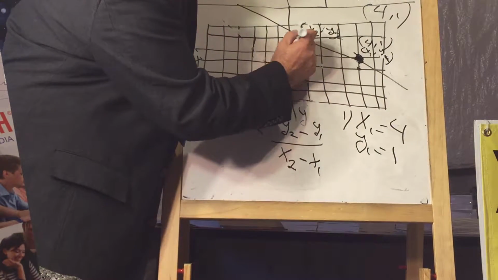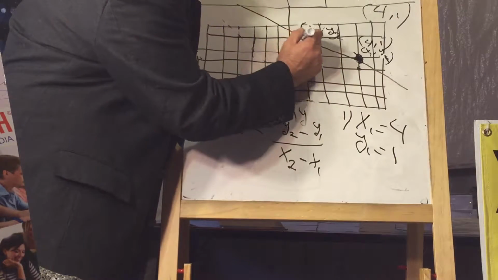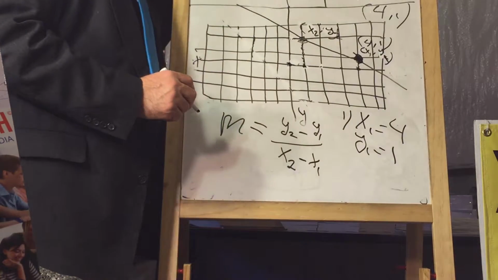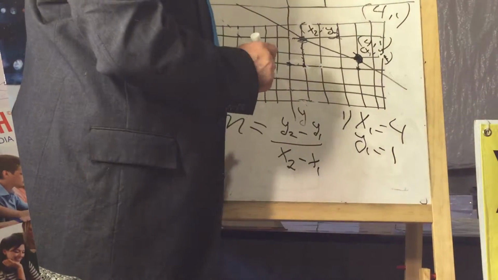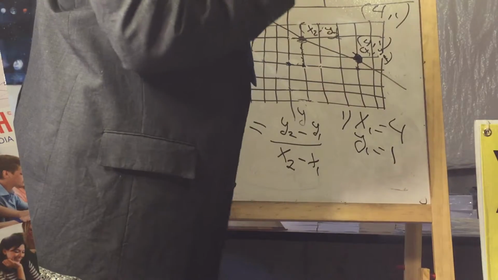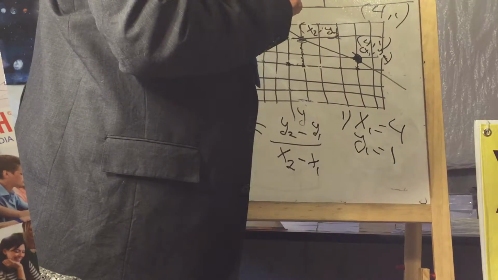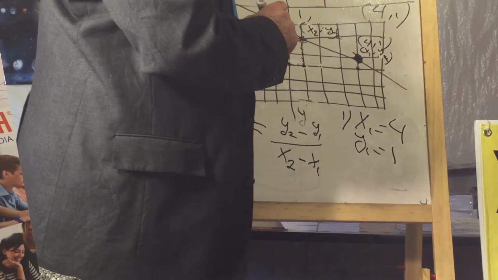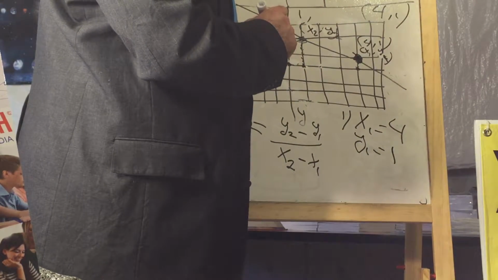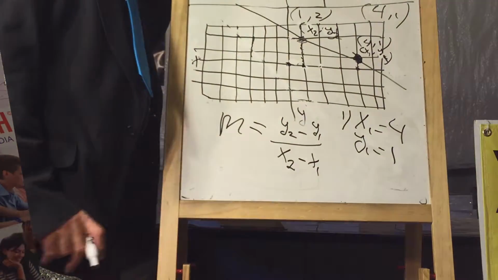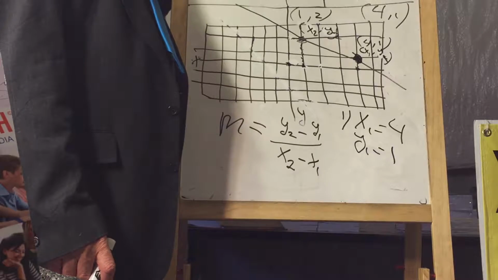So they meet over here, and this is the second point. We said x2 is 1 and y2 is 2. That's how you figure out those points.